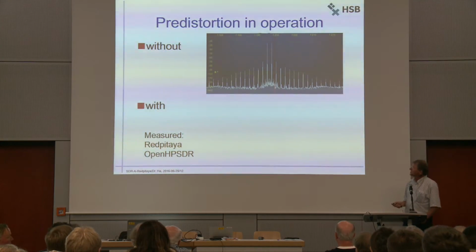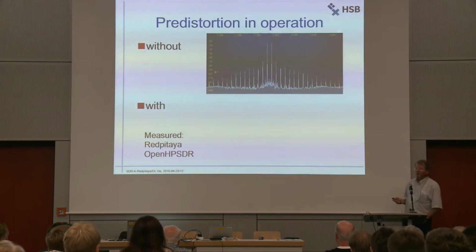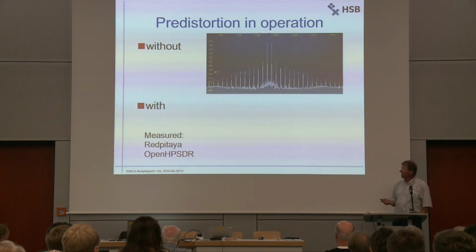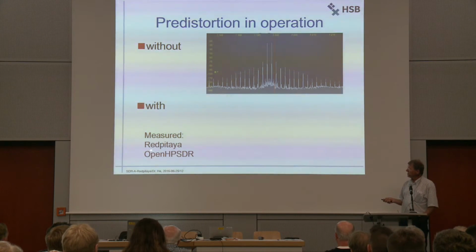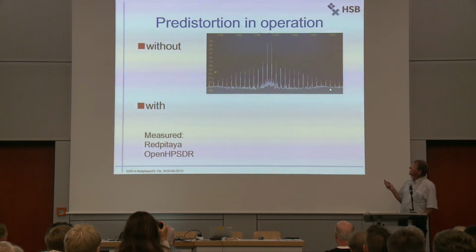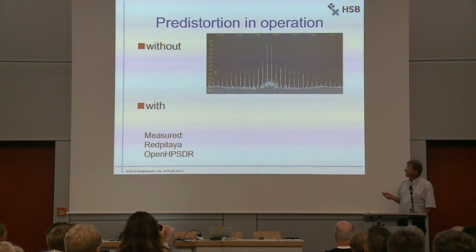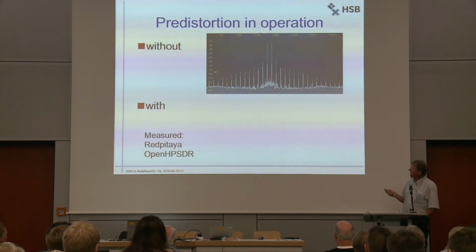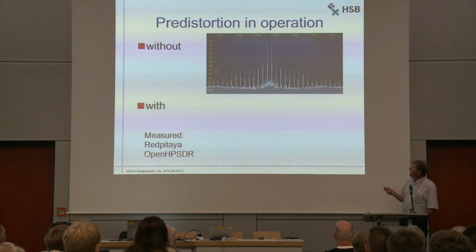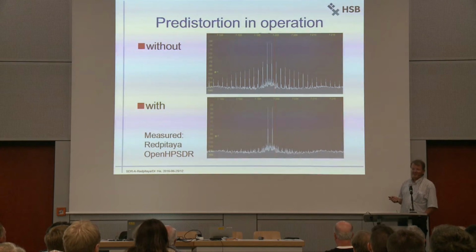Here you see the predistortion, which is measured with the Red Pitaya with OpenHPSDR software. And you see the output with about 10 milliwatts. It's not too much. But you see, this is the ordinary 7 megahertz signal with a two-tone test of the HPSDR software. And this is with predistortion.